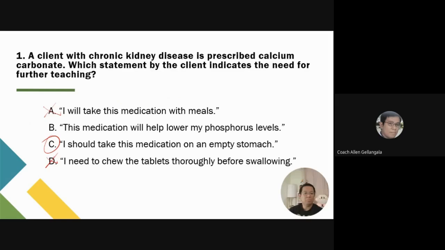Will it lower the phosphorus level? No, it's not. It would actually work with the phosphorus level in order for you to absorb calcium more effectively. It's simply because when you have chronic kidney disease, calcium absorption is being compromised.